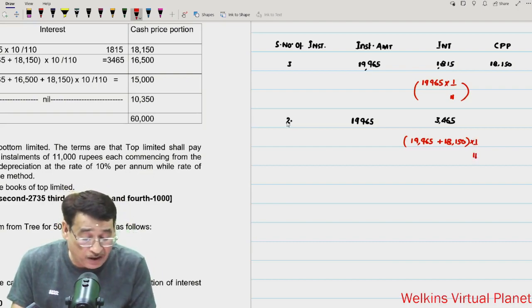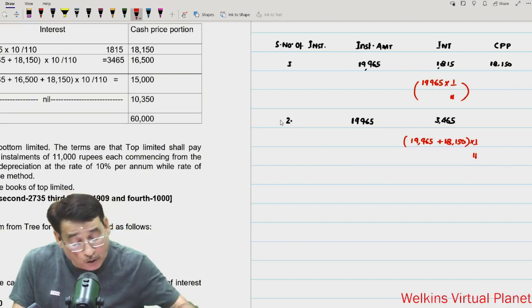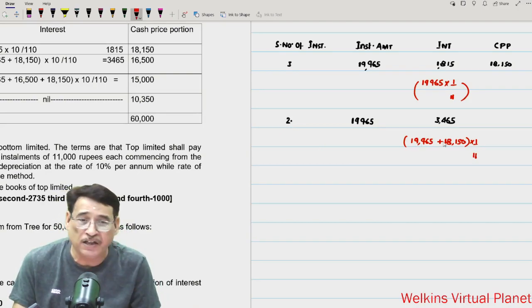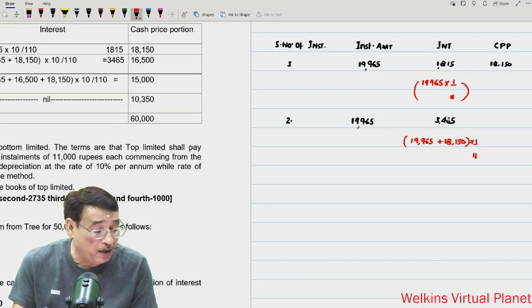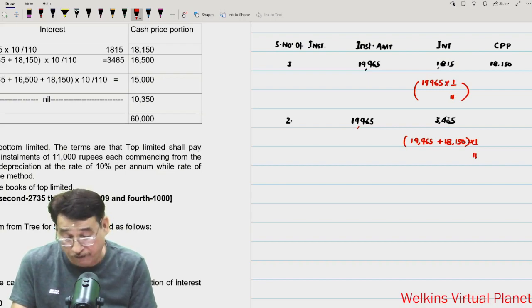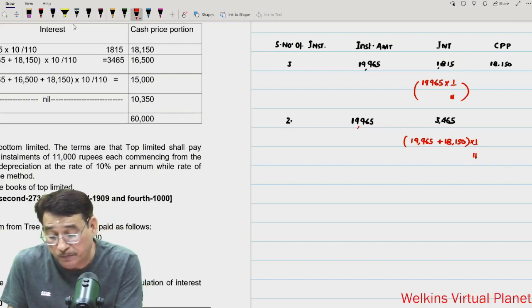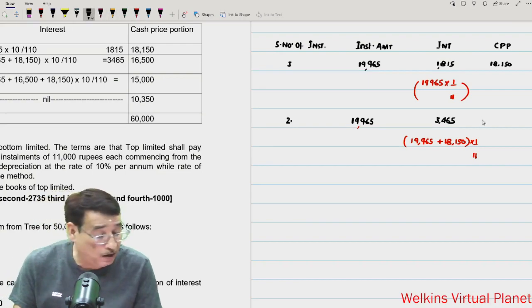When I am at the end of the second year, total balance is this much. You can say it this way around. Total balance is this much, and you apply this rate, 3465 will be your interest. So we may say that in this installment, interest portion is this much, and I will subtract 3465 from this amount, 19,965. So it is equal to 16,500.